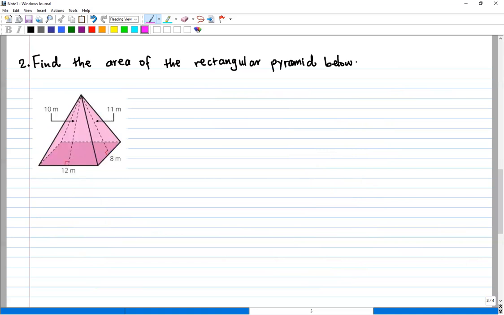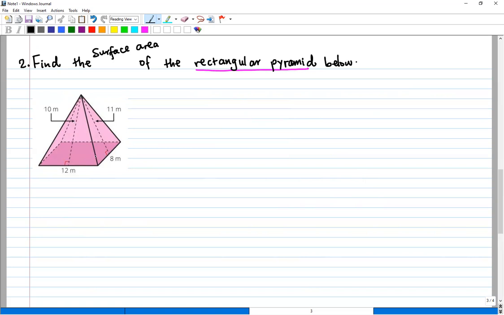And this time, let's use a rectangular pyramid. Find the surface area of the rectangular pyramid below. Okay, let's come up with its net right away.